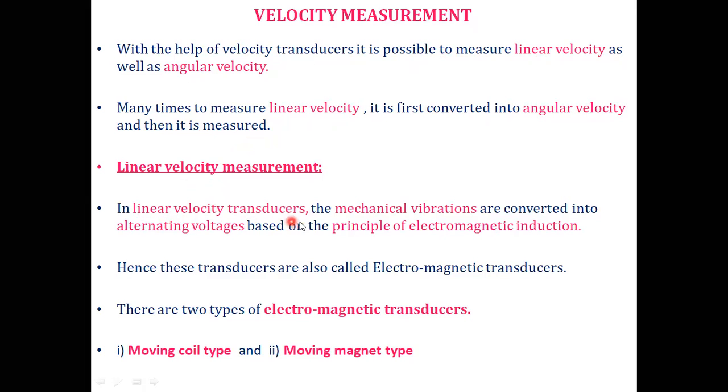In linear velocity transducers, the mechanical vibrations are converted into alternating voltages. Those vibrations are converted into AC voltage based on the principle of electromagnetic induction. Hence, these transducers are also called electromagnetic transducers.